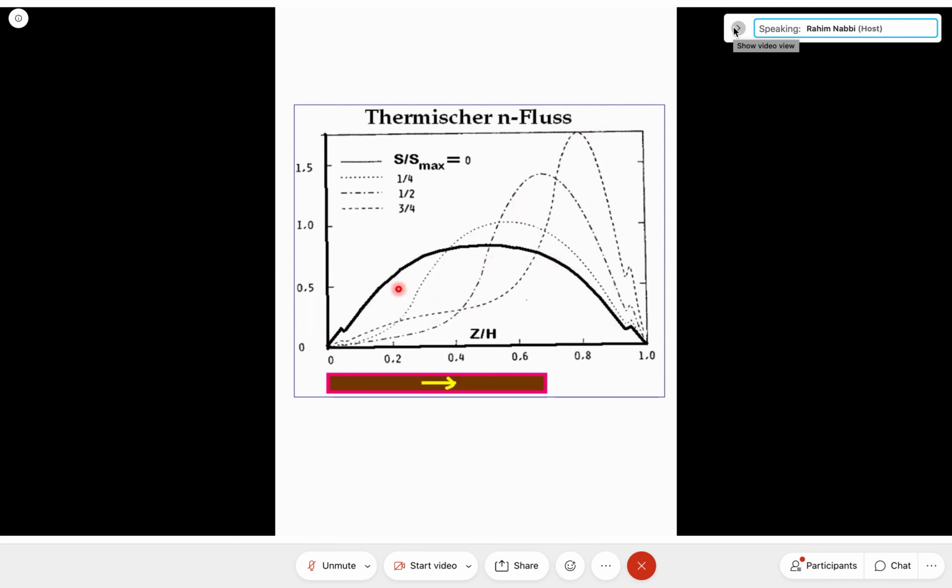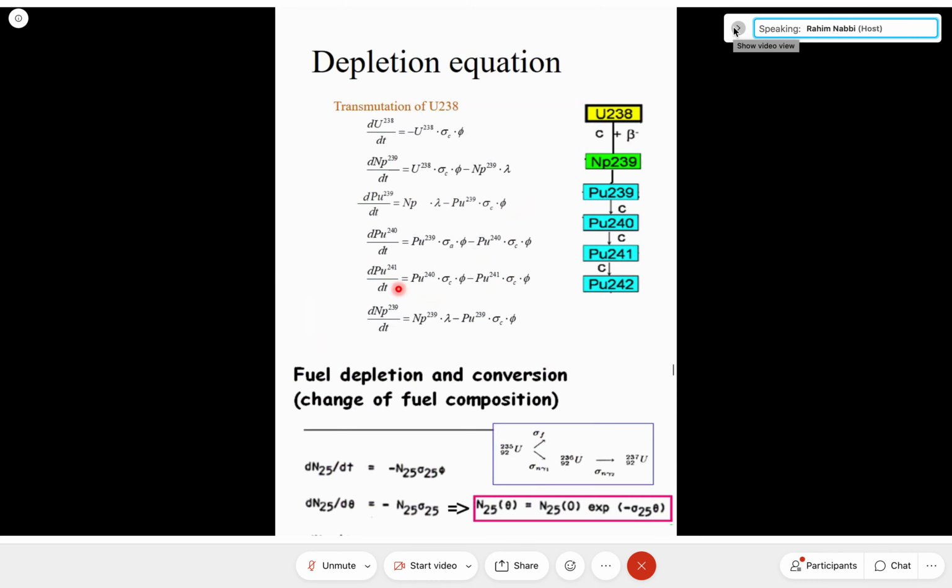For this reason, I said here in the case of this balance equation, for the calculation of the concentration of uranium-238, it can be analytically solved if we apply a constant flux. But you see, during the operation, it is not the case. The flux shape would be changing.